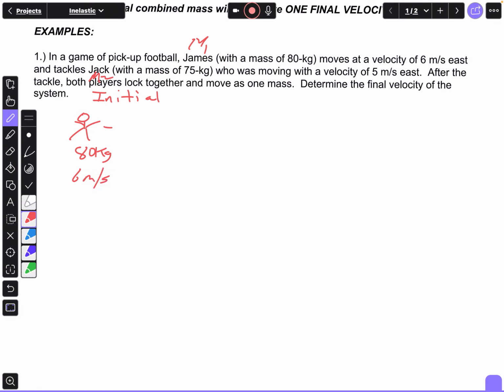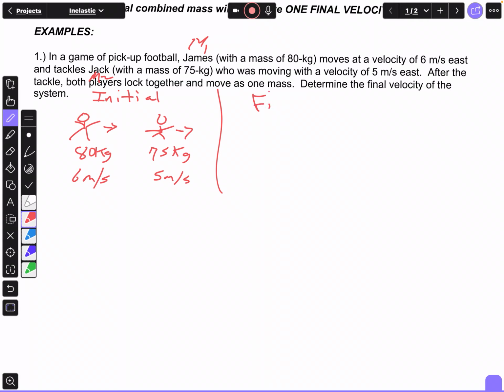So he's moving this way. And then we have our second person here, which is Jack. I'm going to label him M2. He has a mass of 75 kilograms, and he's moving 5 meters per second east. So that's positive. So he's moving that direction also.